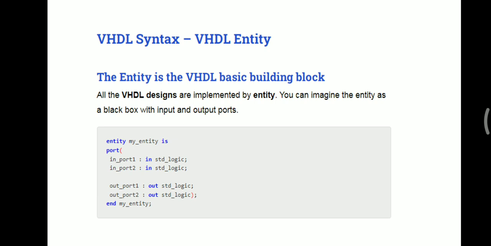In your circuit you may have input ports as well as output ports, and you have to mention all those ports in this port block, and then end the entity with its name. This is the general syntax for the entity.